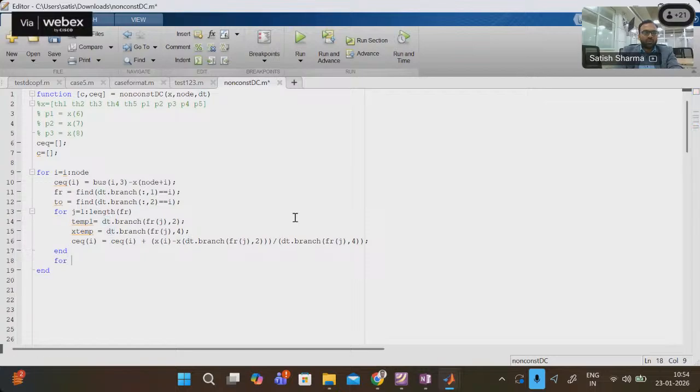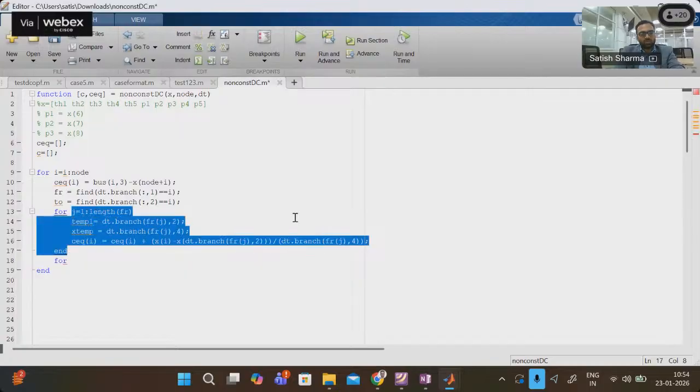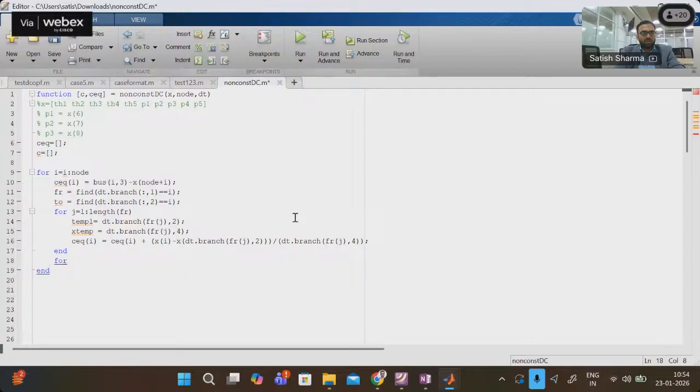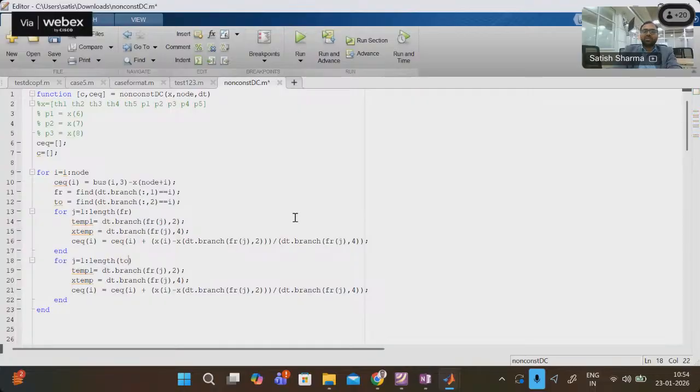Then I will apply a for loop, and similarly Control C, Control V. This for loop is again for j times, but for two branches instead of one. What are the two branches? Then I will calculate, for two branch, the temporary value of the other side.